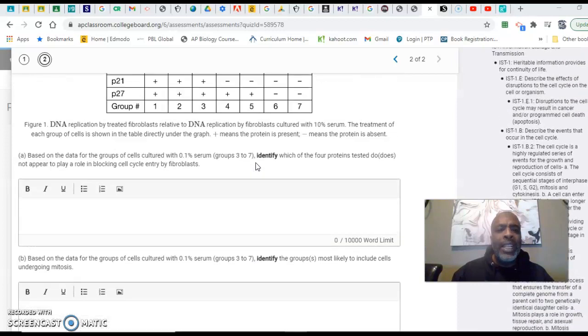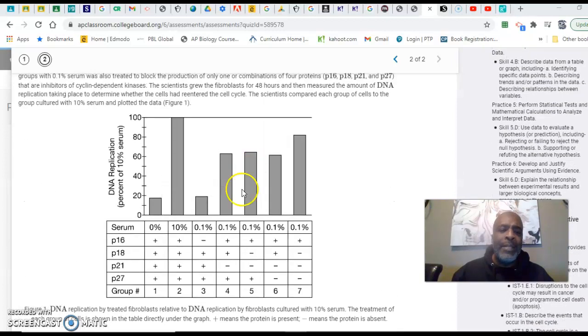Well, based on this, the normal thing that happens is these proteins are present, right? And they're looking at 4 of them. So they're trying to figure out which ones are causal or which ones are involved in inhibiting DNA replication. And we can see here that 18, 21, and 27, they're very much involved in that.